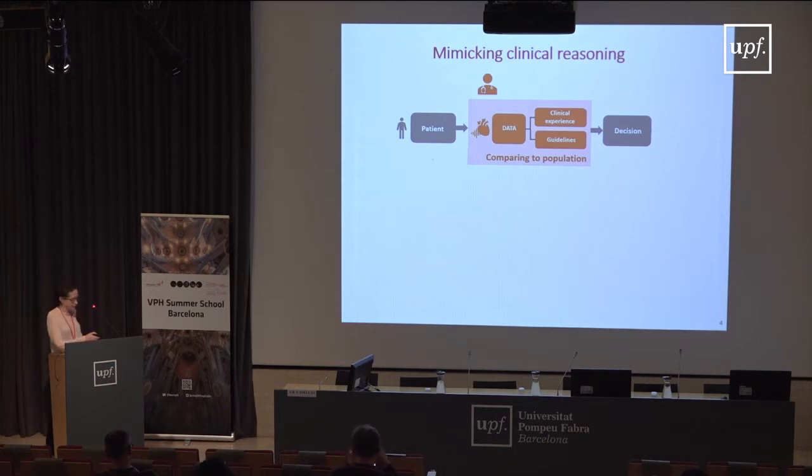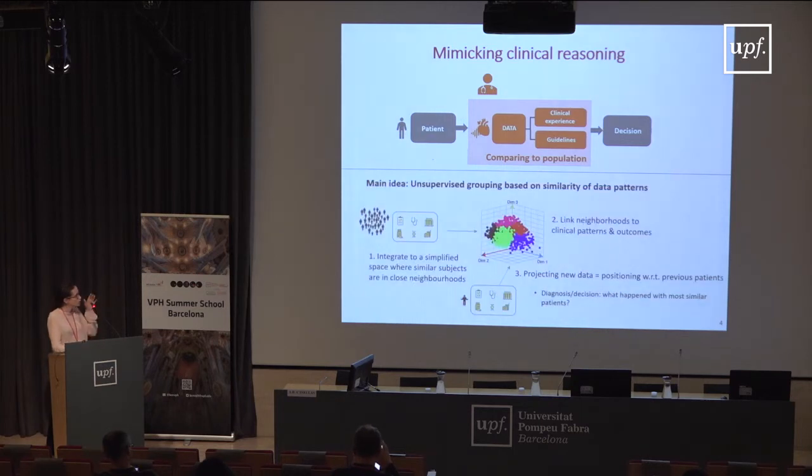So an overview, which I will go into in more detail afterwards, is that we took diverse data from many patients, okay? And we simplify all this data, we map it into a low-dimensional representation where patients are positioned according to their similarity. Okay?